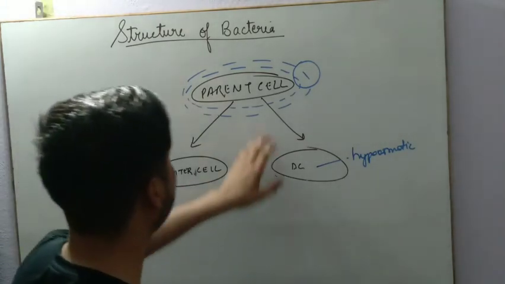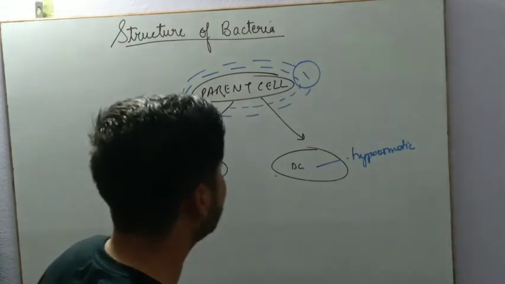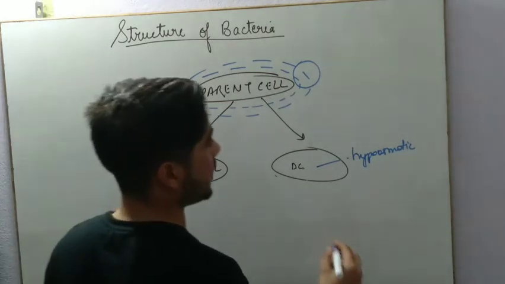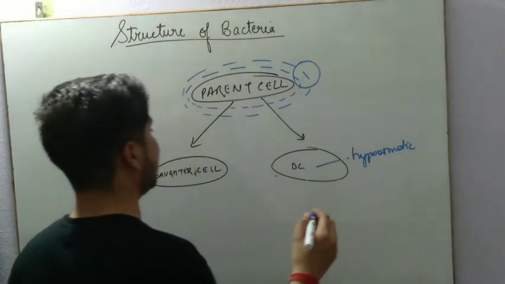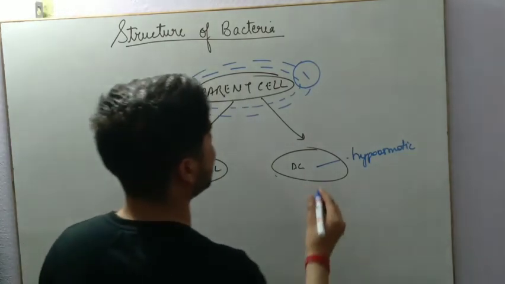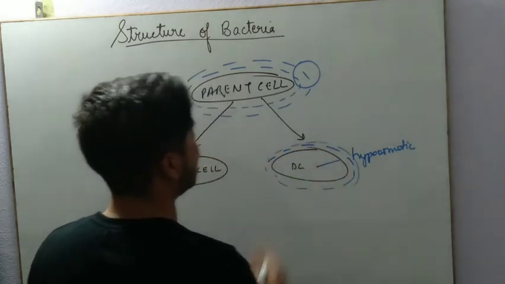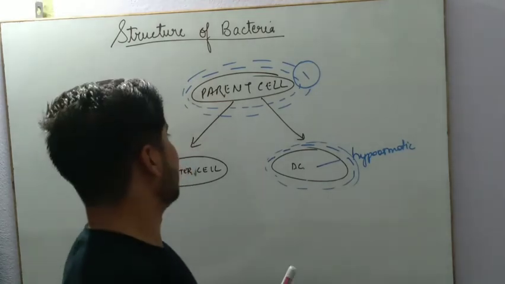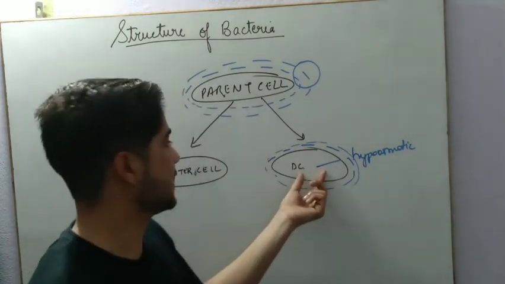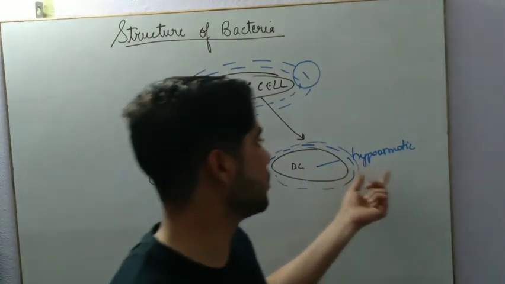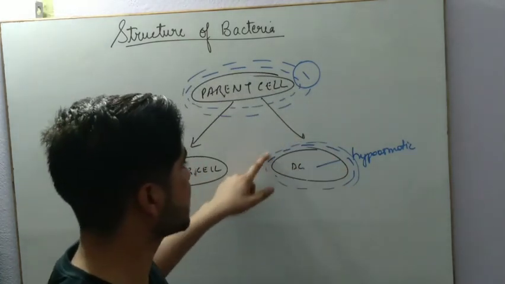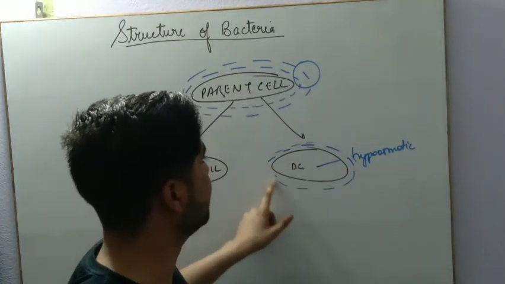When they form daughter cells and we consume antibiotics, these antibiotics do not allow the cell wall to form, due to which the fluid inside these cells becomes hyperosmotic, but their cell wall is not fully formed.